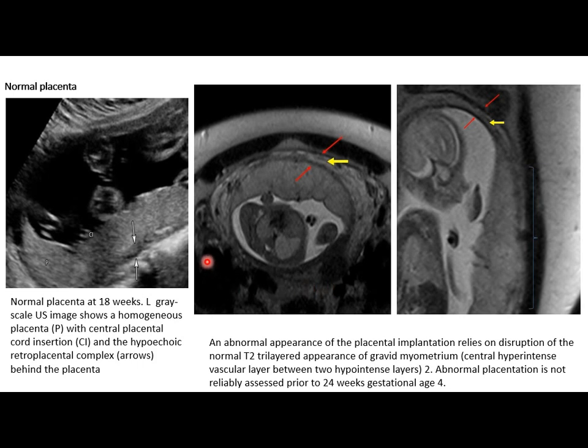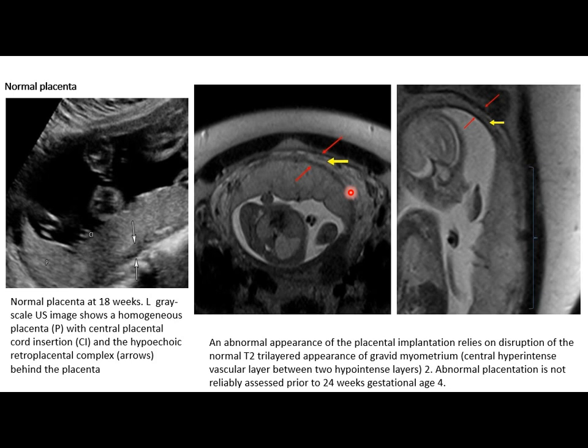In order to know what we see in abnormal placentation, it is important to see the normal placentation. Presence of a retroplacental hypoechoic area on ultrasound is very important to exclude abnormal placentation. Also on MRI, especially T2, presence of a trilayered area, a hypointense area with a central hyperintense area due to vascularization, is a normal finding.